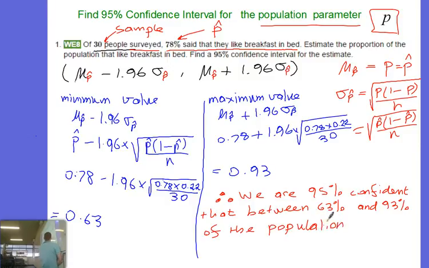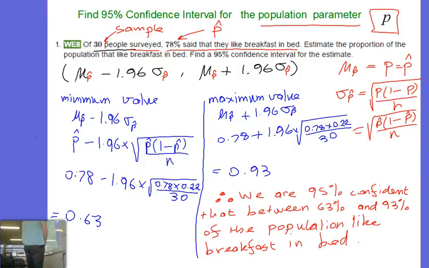These are our estimates for the population proportion P. We've got a width of possible values where the true population proportion P will lie. So we're 95% confident that that's the case.